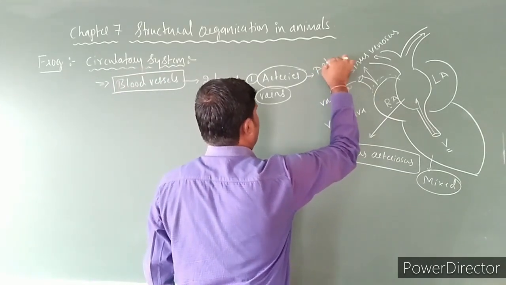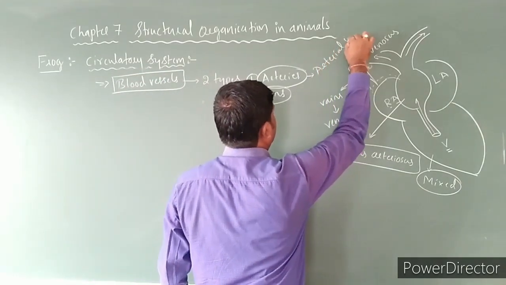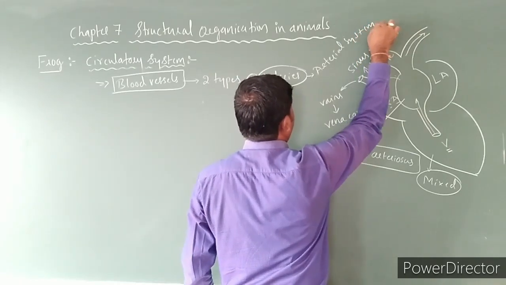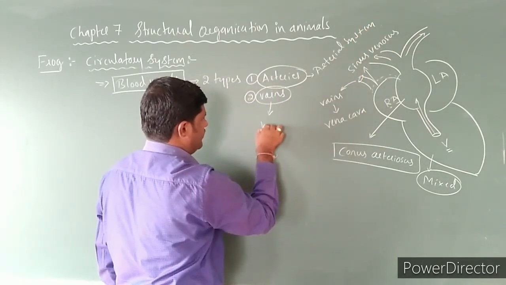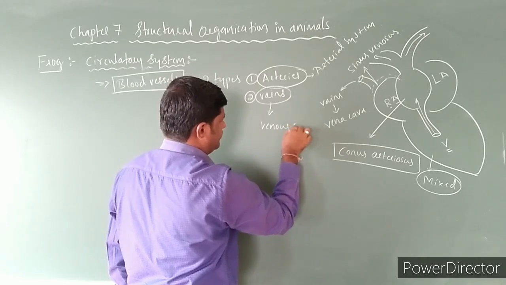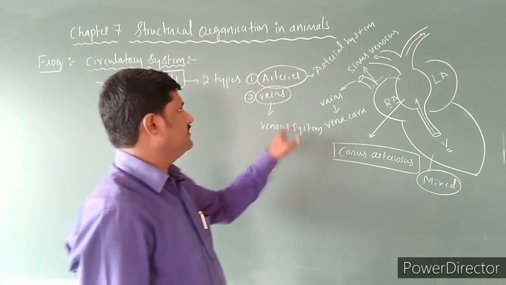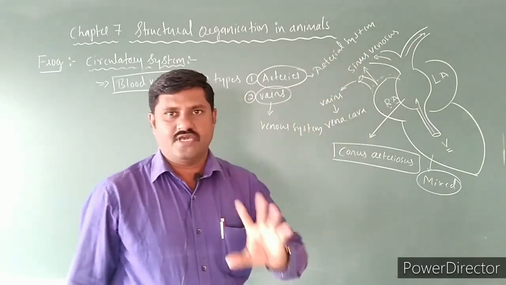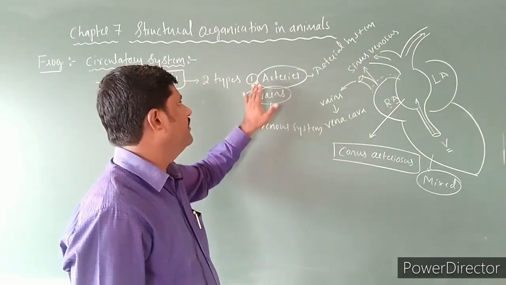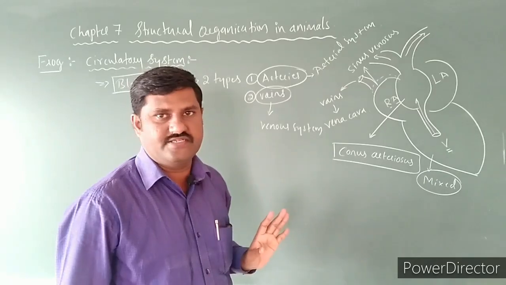This forms the arterial system, and here the venous system forms. The venous system and the arterial system are the two systems made from arteries as well as veins.